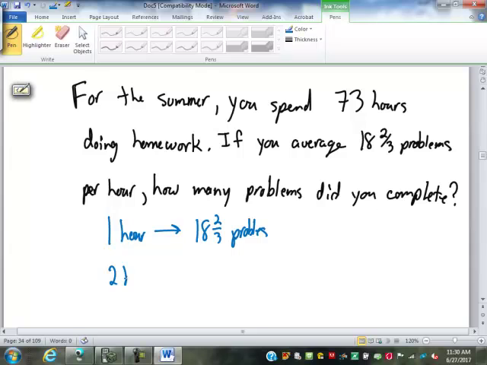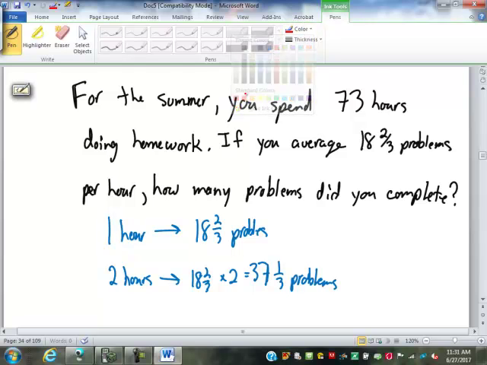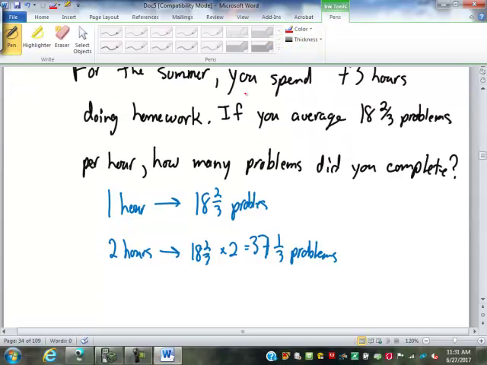So if you work for 2 hours, yeah, it's times 2. 18 and 2/3 times 2. Or 37 and 1/3 problems. So what am I going to do with the 73 hours? Multiply by 73. Very good.